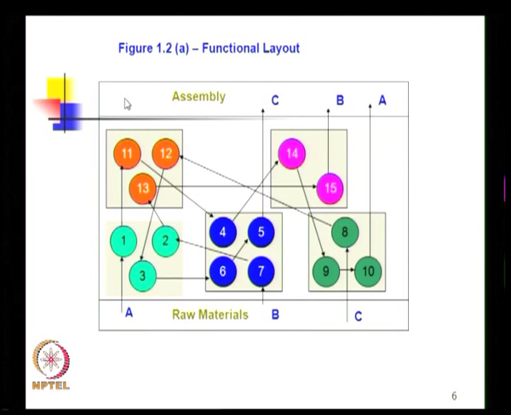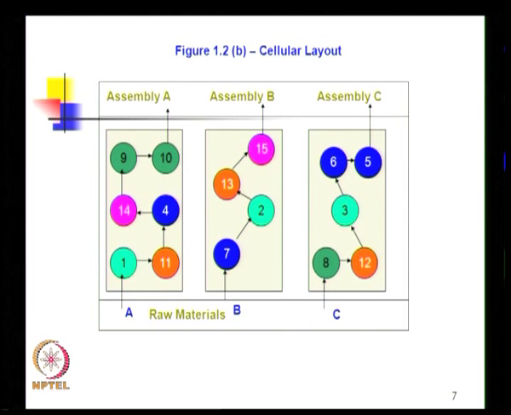So, time taken to produce comes down, cost also comes down. The total material movement is also less, inventories are small. So, these are the advantages of the cellular layout. People started realizing these advantages and started implementing cellular manufacturing. People have been implementing cellular manufacturing for nearly 50 years now and have benefited by the implementation.